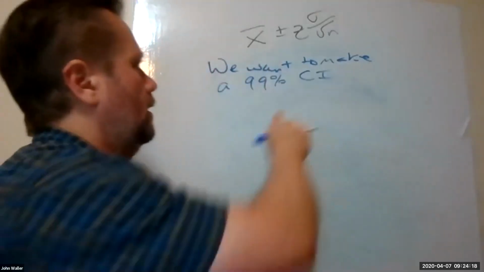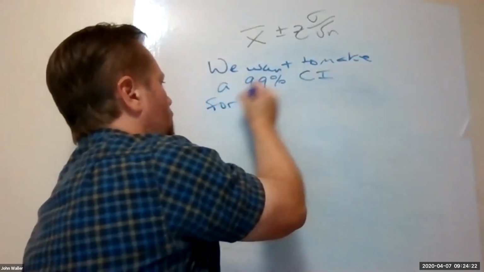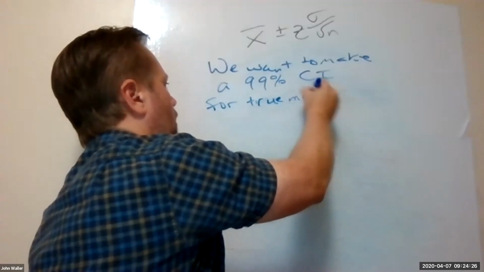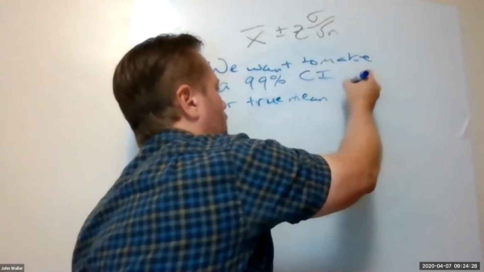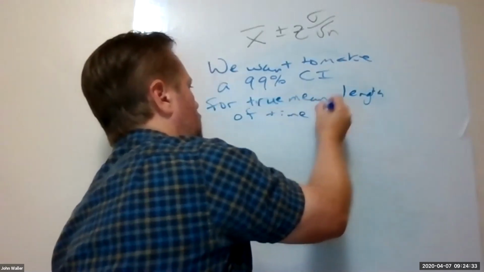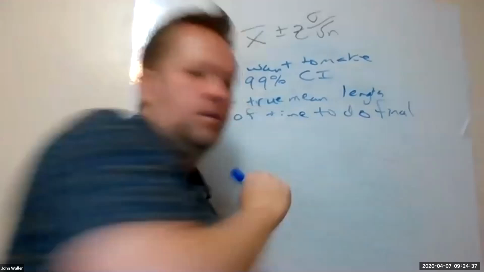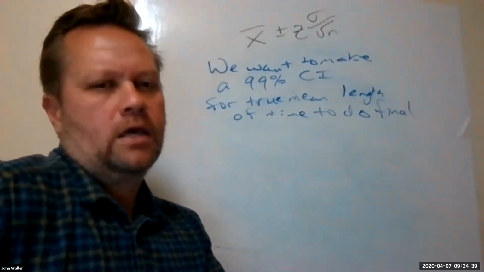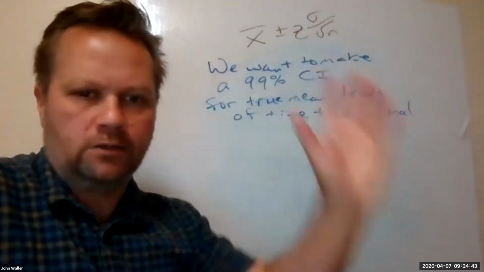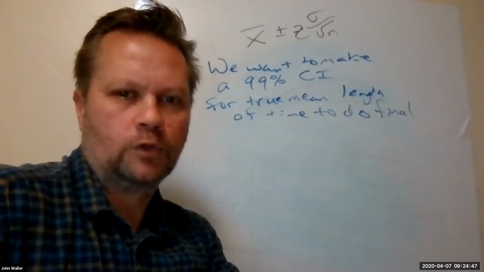We want to make a 99% confidence interval for the true mean length of time to do the final. You guys with me? You're going to take the final. I want to find a 99% confidence interval for the true mean length of time for all my students to take their final. Okay.